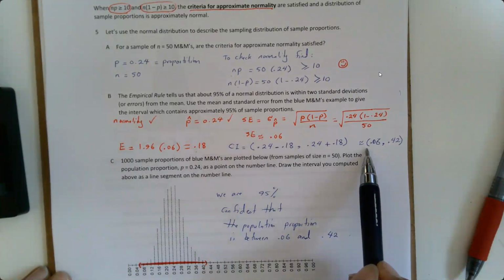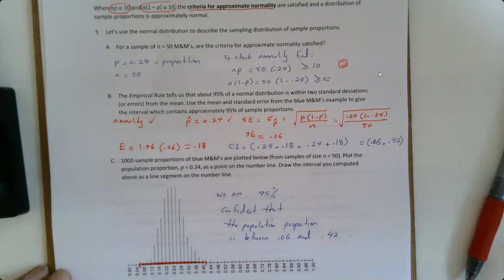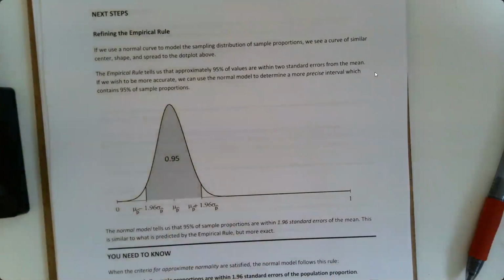Our next step is to use the actual sample proportion to construct a confidence interval. Very well. In our next stage, we have more examples.